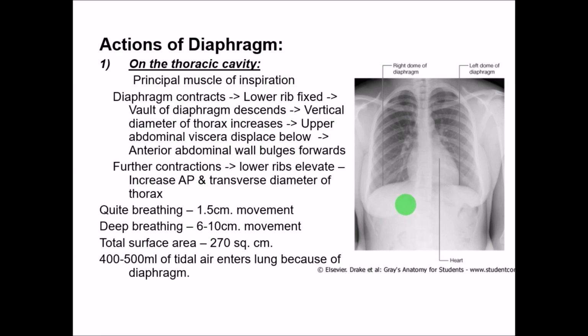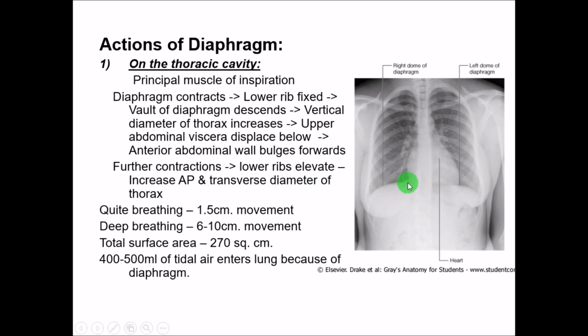Further contraction leads to elevation of the lower ribs. This will lead to an increase in the anterior-posterior diameter as well as the transverse diameter. It is called the bucket handle movement, if you have studied.